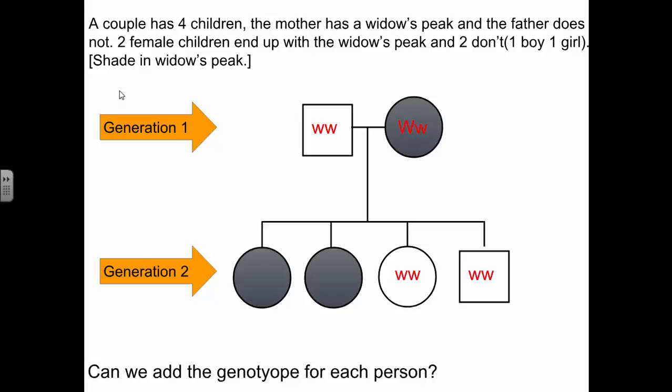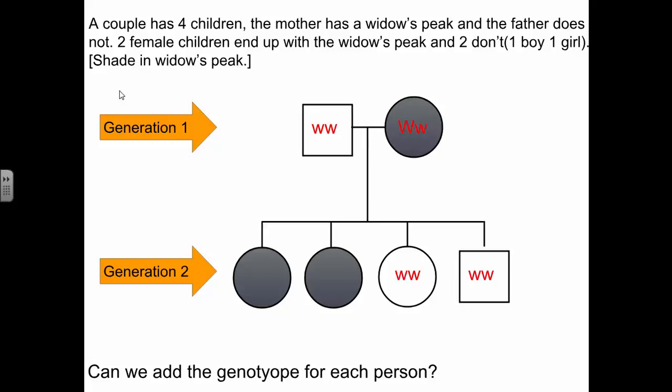Rihanna? Because if you didn't have a little w, then the other two would have the widow's peak. Yeah, so we have to think about, okay, where did these children get their genes? Well, these 2 children have 2 little w's. One of them came from who? One definitely came from the dad, so where must the other one have come from? Must have come from the mom, so she must have a little w in there.